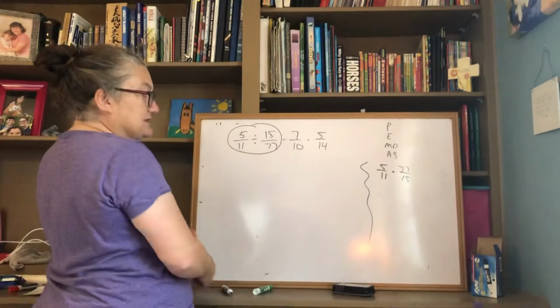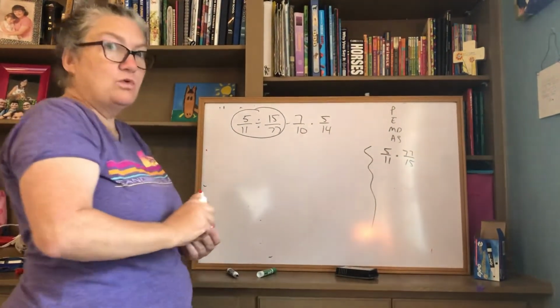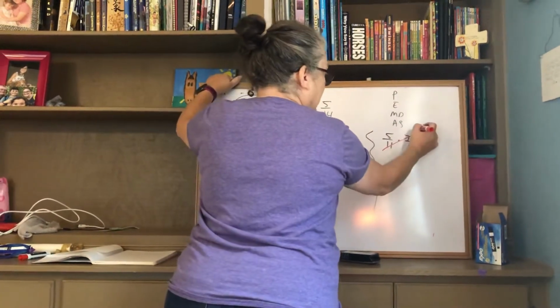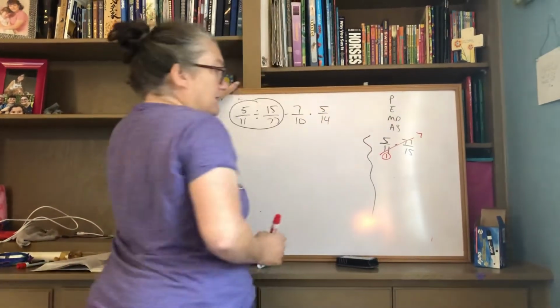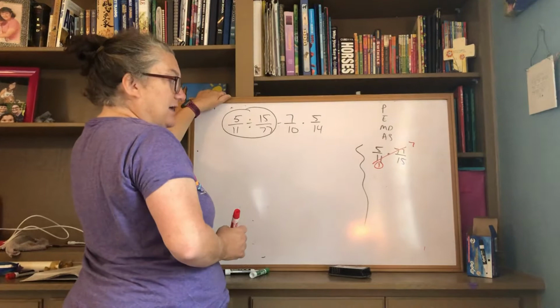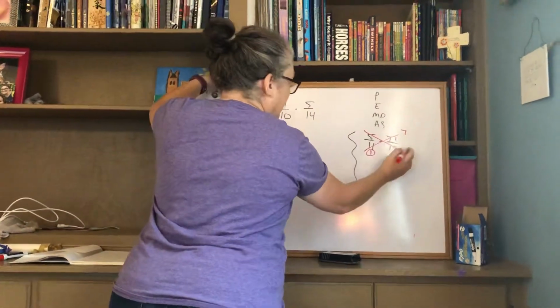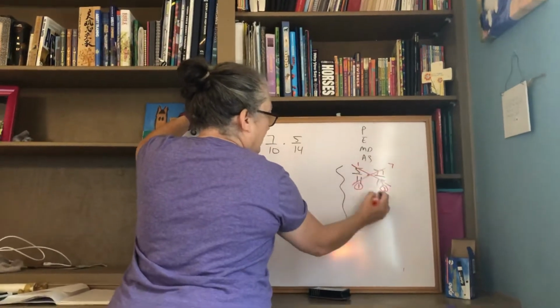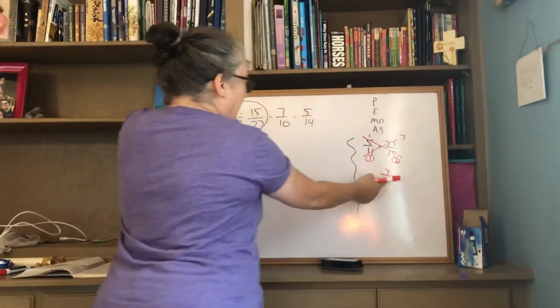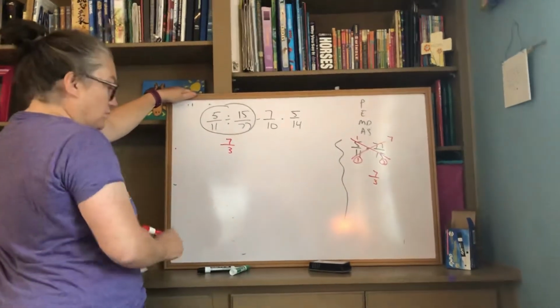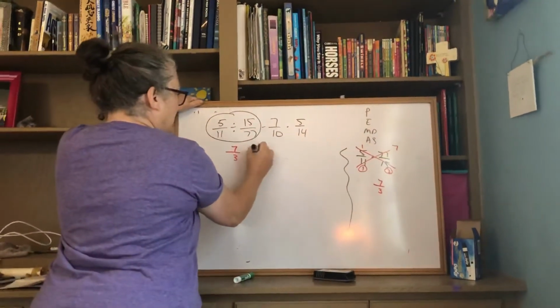Now I'm going to look and see if I can simplify, and I can. I don't want large numbers if I don't need them. So here this becomes a 7 and a 1 because I divide 77 by 11, and then I can divide here and I get 3 and I get 1, so this would be 7 over 3. I take this 7 over 3 and I write it right below where I did this work and then write down the rest of the problem.